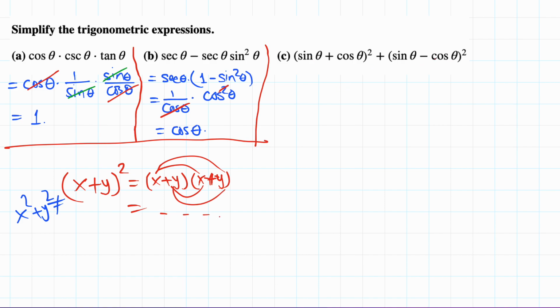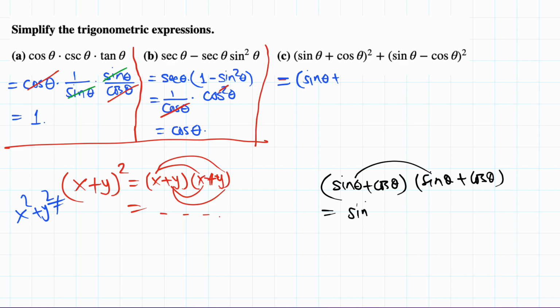Let's do that in two places. From the first, we have sine theta plus cosine theta squared, which means multiply this by itself. These are almost the same, so let's do it over here and just change the sign there. That might be more efficient. Sine theta plus cosine theta times itself: sine theta times sine theta is sine square theta.